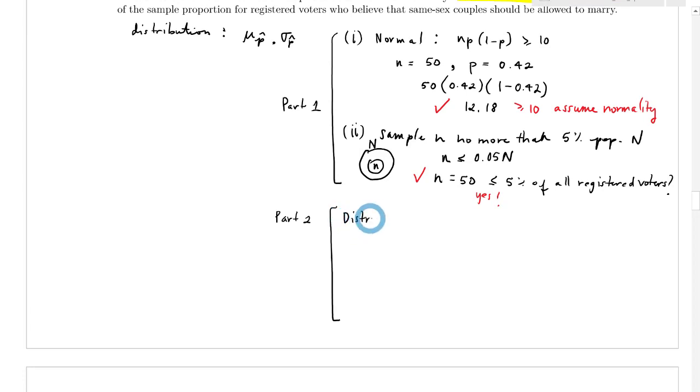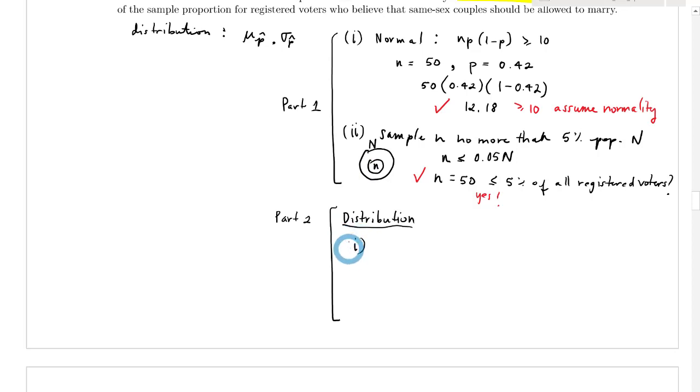And so now we can go ahead and talk about the distribution. I wouldn't want to talk about the distribution if this was less than 10 or this didn't hold, right? The second one, because then the distribution turns binomial if it's less than 10, right? So there's just some things that we want to do beforehand so that we can actually talk about the distribution.